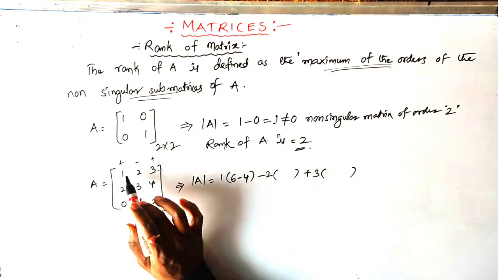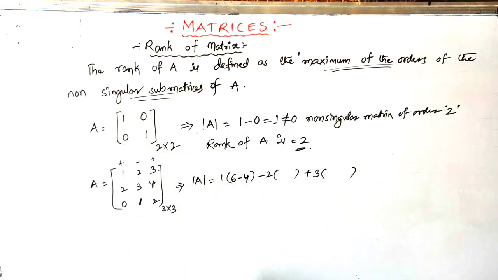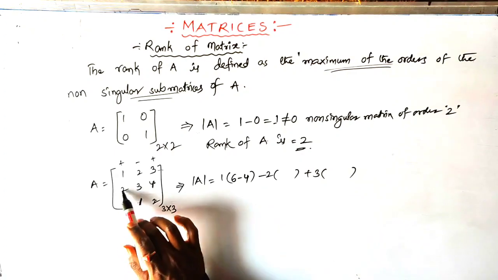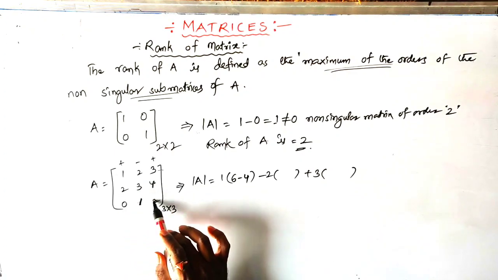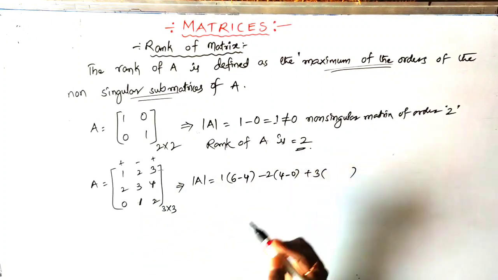Next, minus 2 is in the first row, second column. Except that row and column, 2 4 0 2 is there. Again apply AD, 2 into 2 is 4, minus BC, 4 into 0 is 0.